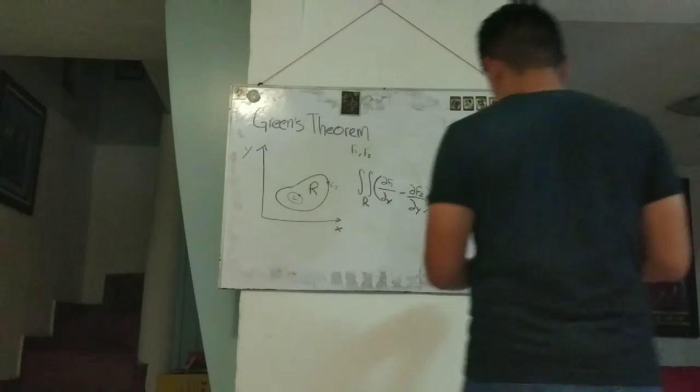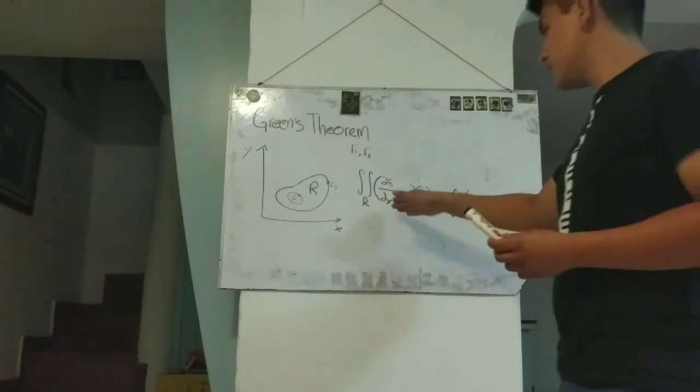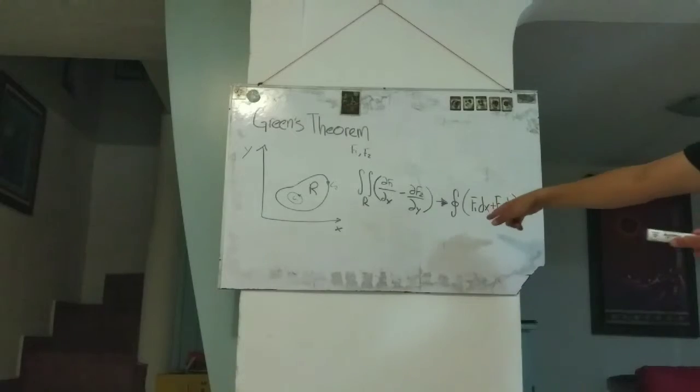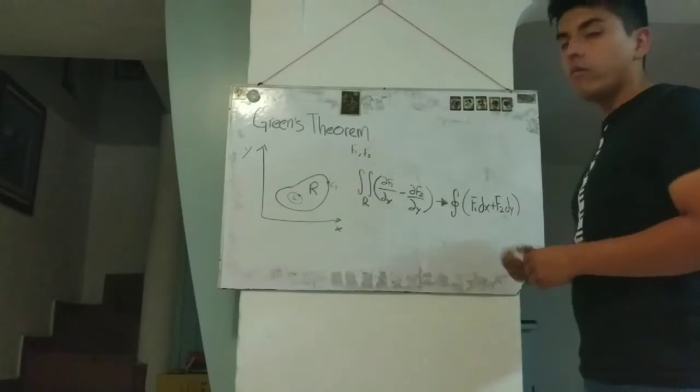They stop being those partial derivatives, they transform into the sum of the derivatives of x and y of our functions f1 and f2.